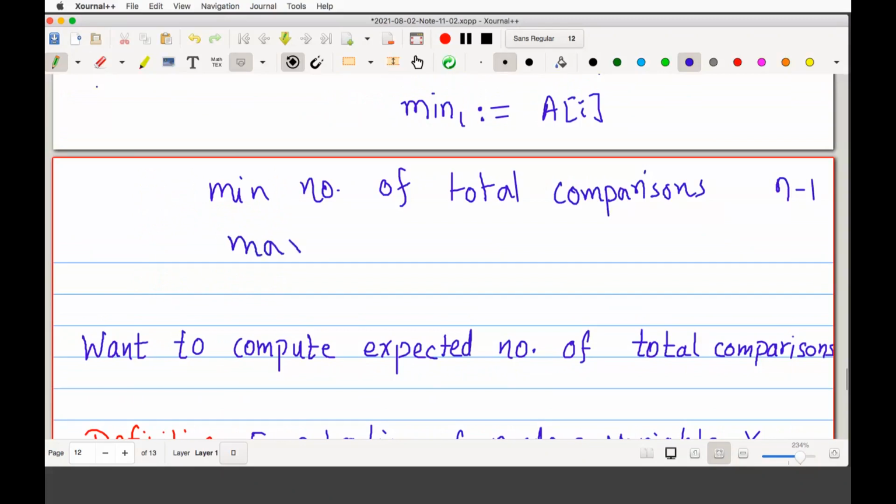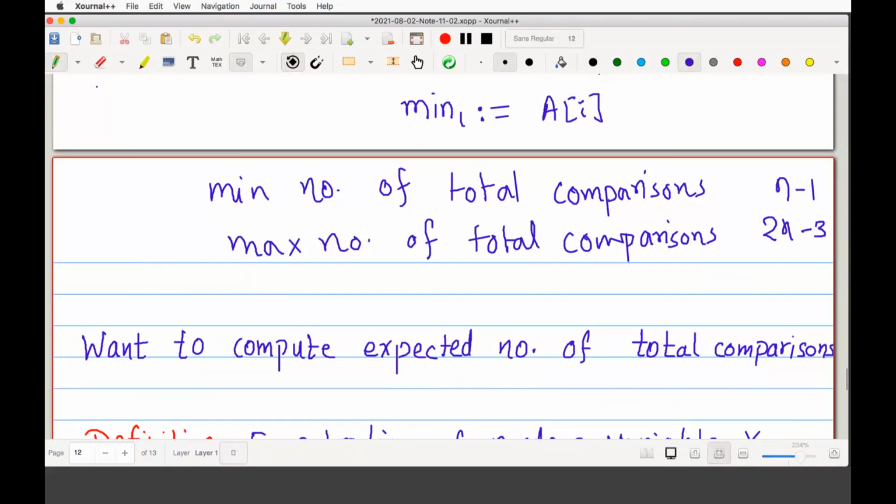And the maximum number of total comparisons is somewhere around 2n, probably 2n minus 3. Don't pay too much attention to these plus-minus constant factors.